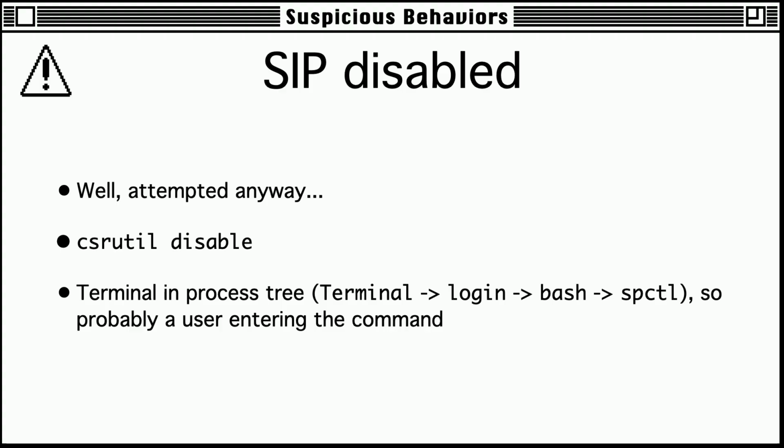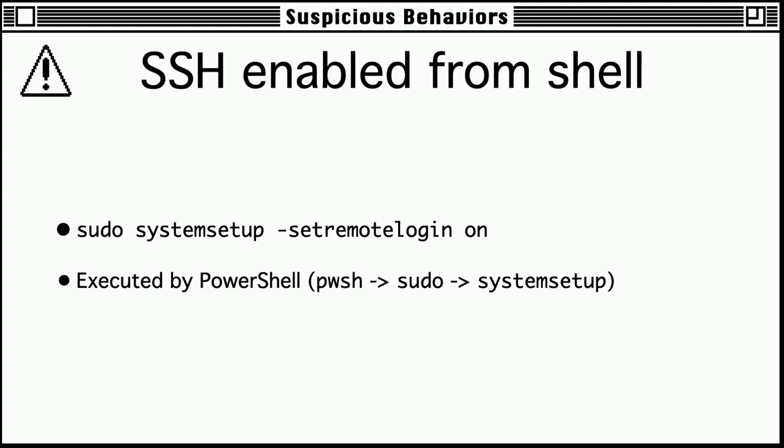So this may be more likely to be a user who found this on Google and typed it in. Terminal was in the process tree in this one, so it was a parent of that process. Probably not a script from a hacker in this case.